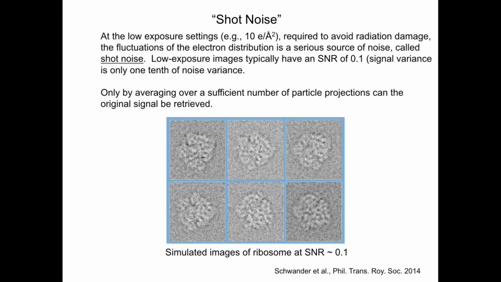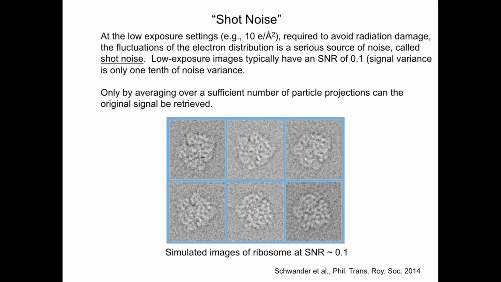compared to situations where people have been doing image processing in engineering contexts and determining the position of tanks in the landscape and so forth. So it's a completely different situation. It also tells us that only by averaging over a sufficient number of particle projections can we retrieve the original signal.